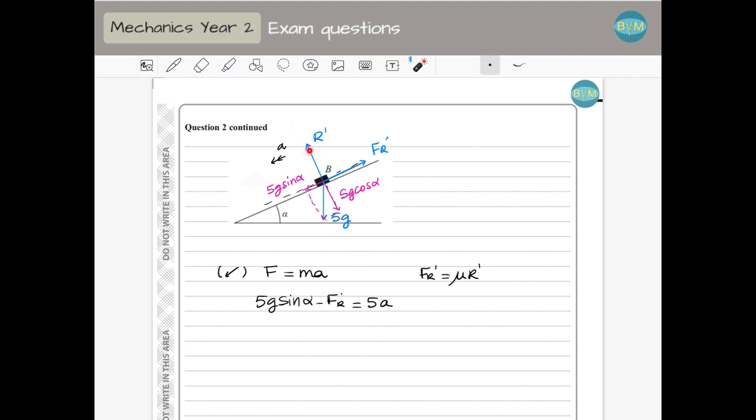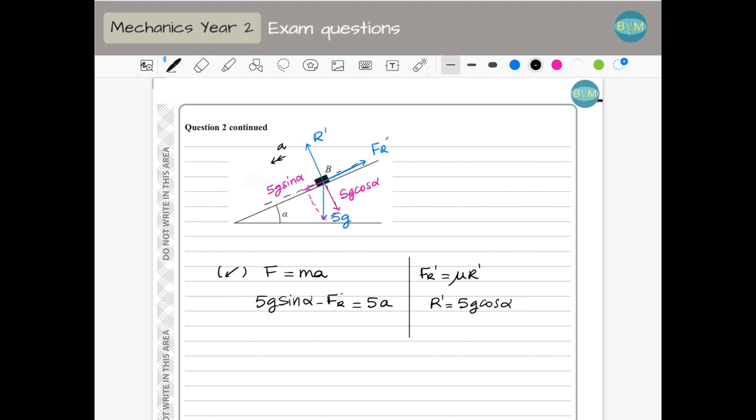To find the normal reaction, I'm going to resolve in the direction perpendicular to the slope, because it's quite simple. So the normal reaction is going to be, the force pointing in this direction is the same as the force pointing in that direction: 5g cos alpha. I know what cos alpha is.